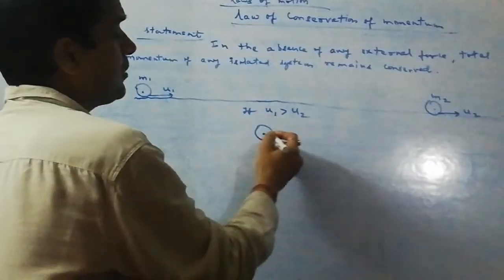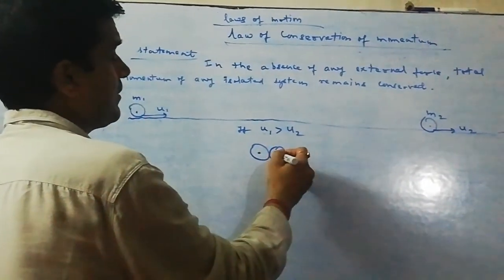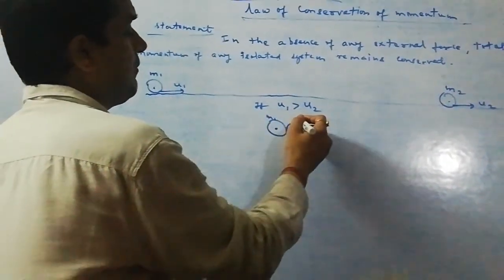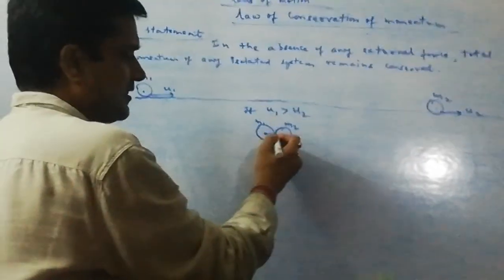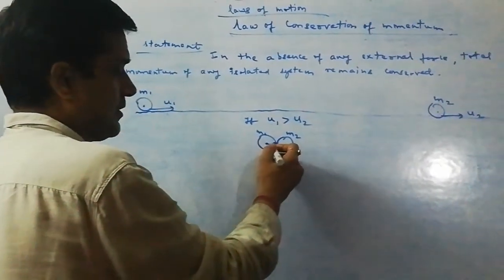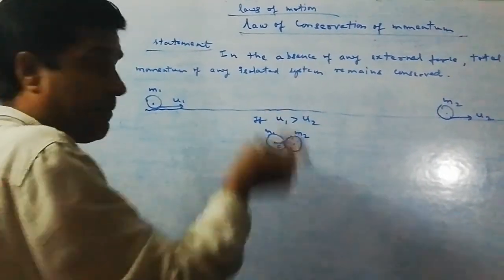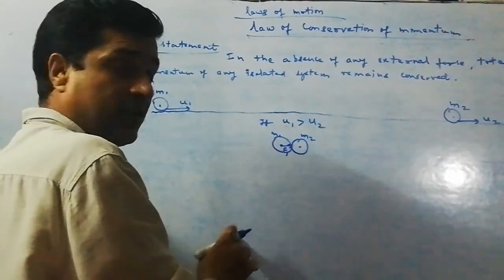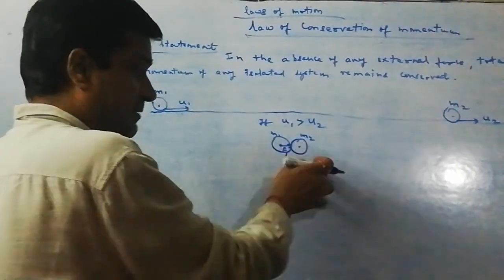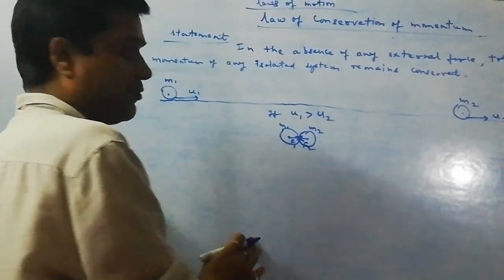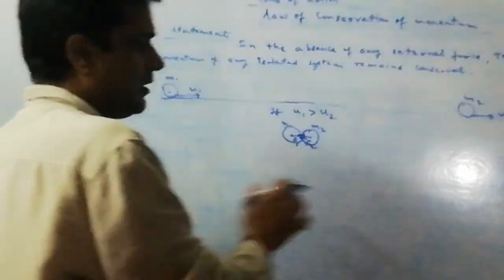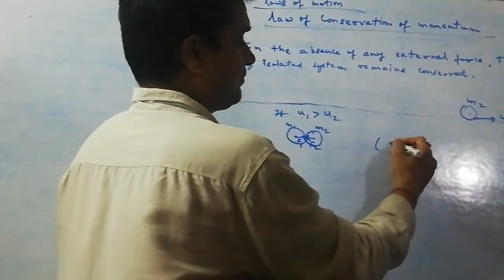Maybe the first body will collide with the second body. During collision, there will be exchange of forces. Maybe F1 force will be applied by the first body on the second, and the second body in return will apply maybe F2 force.